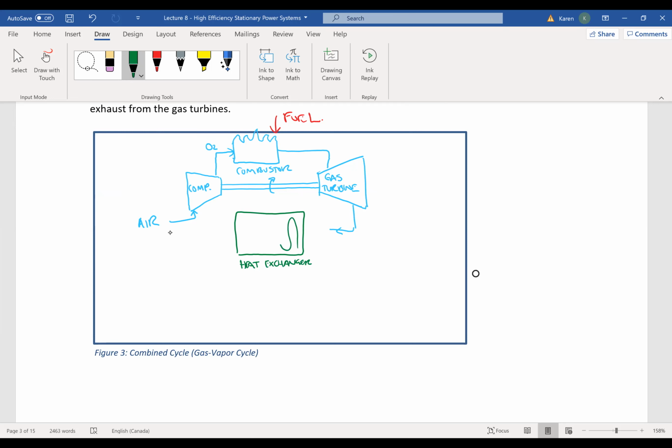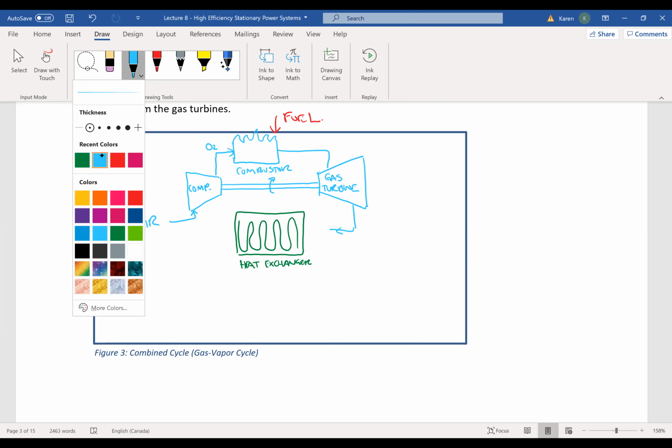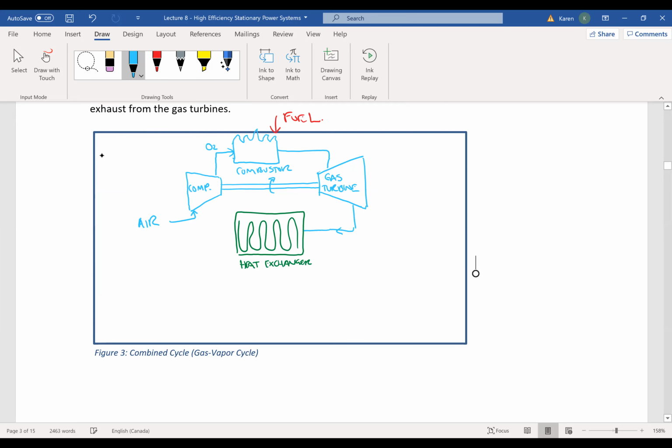And that heat exchanger is going to take some of this heat from the outlet of the combustion process, the outlet of the gas turbine. And then, of course, over here, you still do have the byproducts of combustion. And now you have this heat.